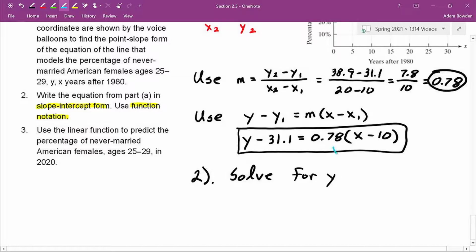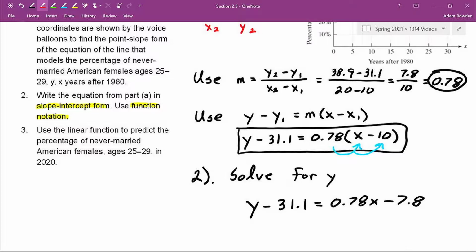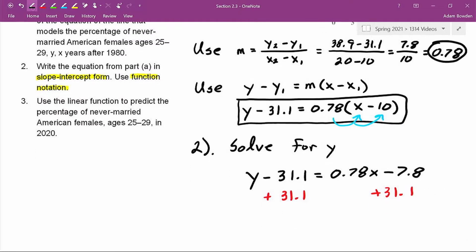If I distribute the number into the parentheses, it changes to y minus 31.1 equals 0.78x minus 7.8. I can then add the 31.1 to both sides. And so the result is y equals 0.78x plus 23.3.